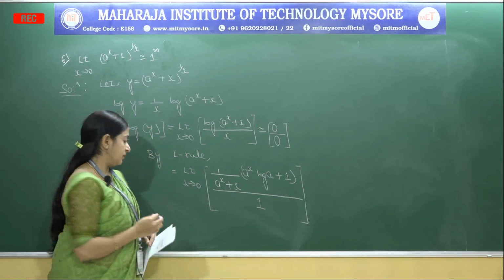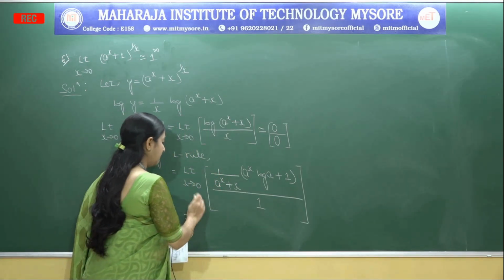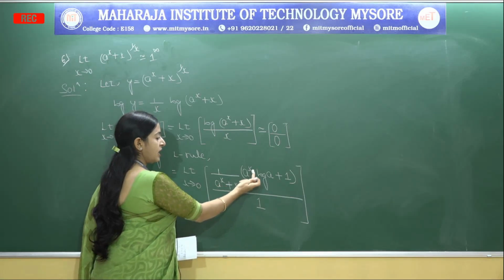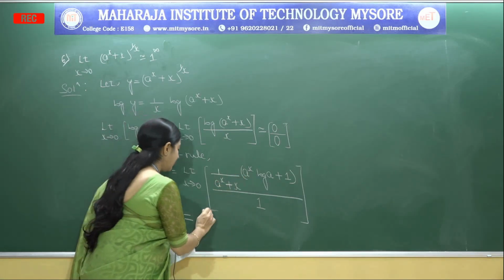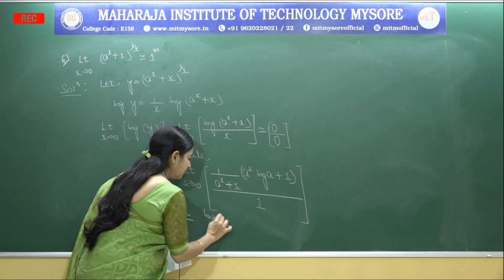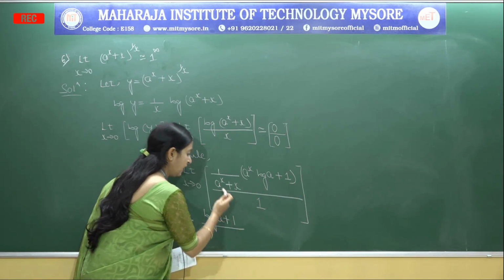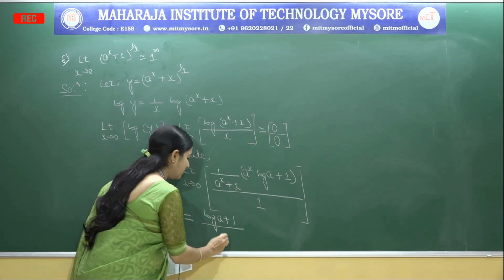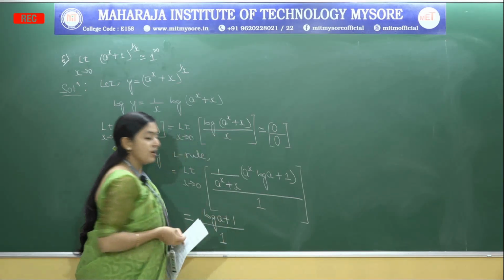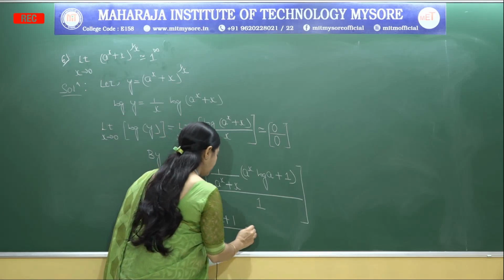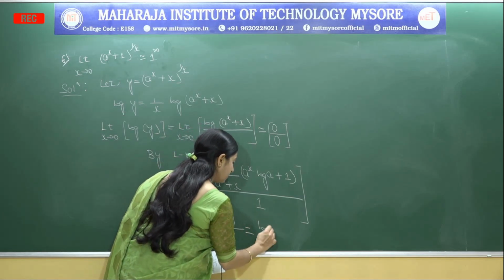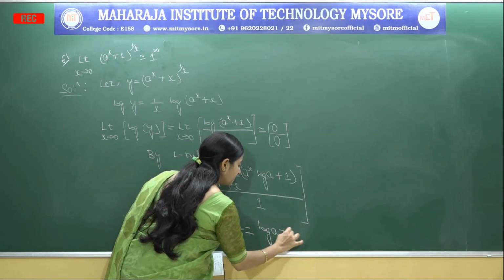Then apply the limit equals limit x tends to 0, a power 0 is 1, you will get the log a and you have the plus 1, denominator a power 0 plus 0, a power 0 is 1, you will get the 1. This part is equals log a plus 1.